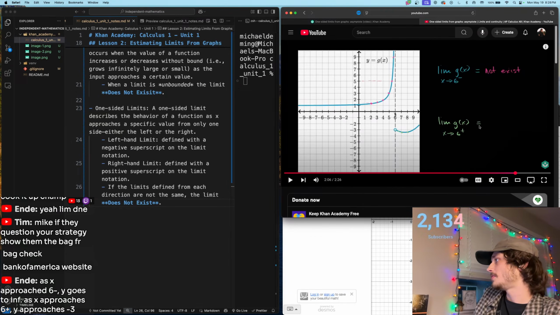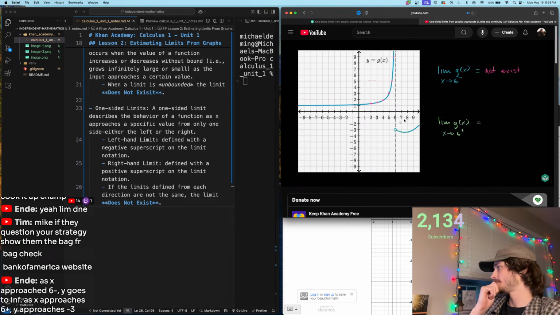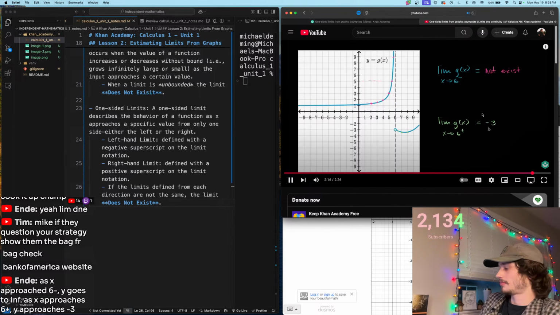You have to set these equal to one another in order for it to exist, like we talked about earlier. So looking at it graphically, the function is approaching negative 3.